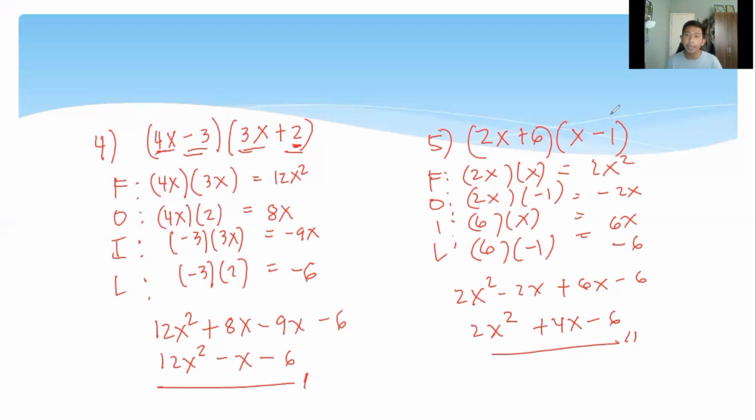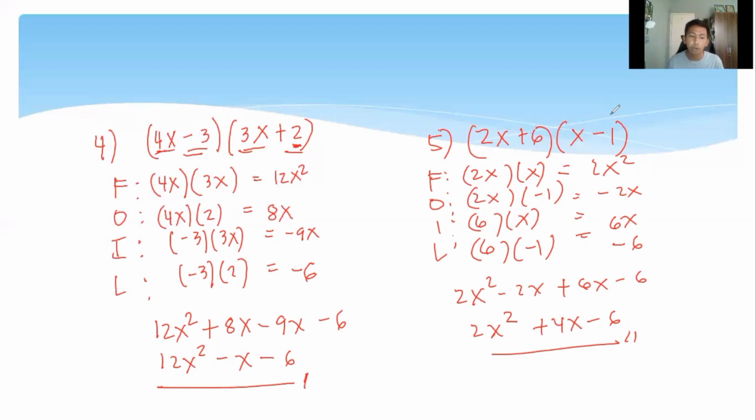We then combine like terms after that one, and we can also use now the shortcut method, which is what we call now the FOIL method. And the FOIL method is being used when you are multiplying two binomials.